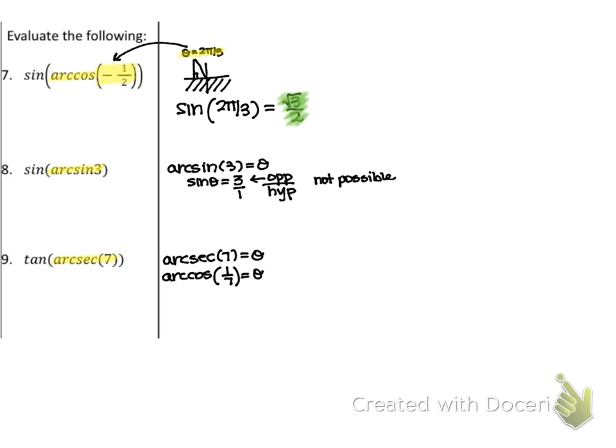So this is basically cosine of the angle I'm looking for is 1/7. That's possible. The adjacent side here is definitely smaller than the hypotenuse. Okay, but it started out as an arc, which means we have to obey the restriction for arc cos. Arc cos and arcsec have the exact same restriction. Okay, cosine is going to be 1/7. That's not special. That's okay.